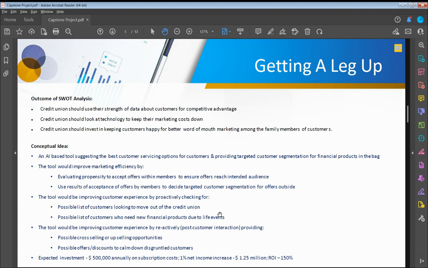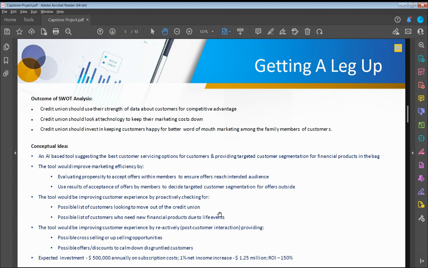The tool would provide marketing efficiency by making sure that we are providing offers to customers who have a propensity of acceptance. So we make sure that our offers go to customers who are going to accept them, and we have a higher accuracy there.